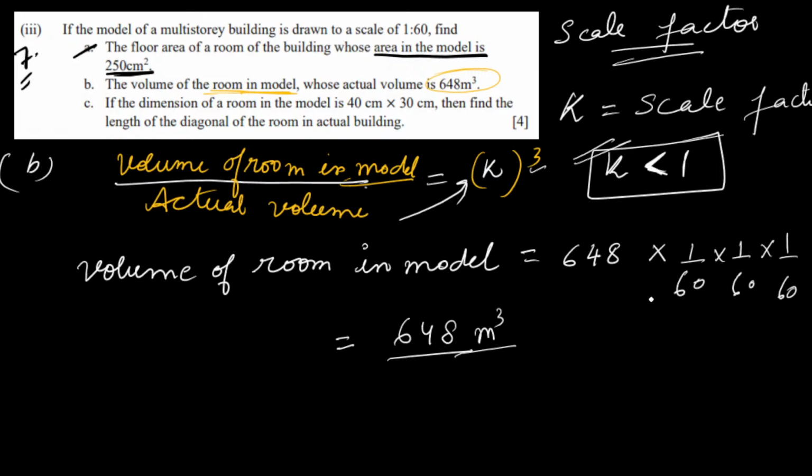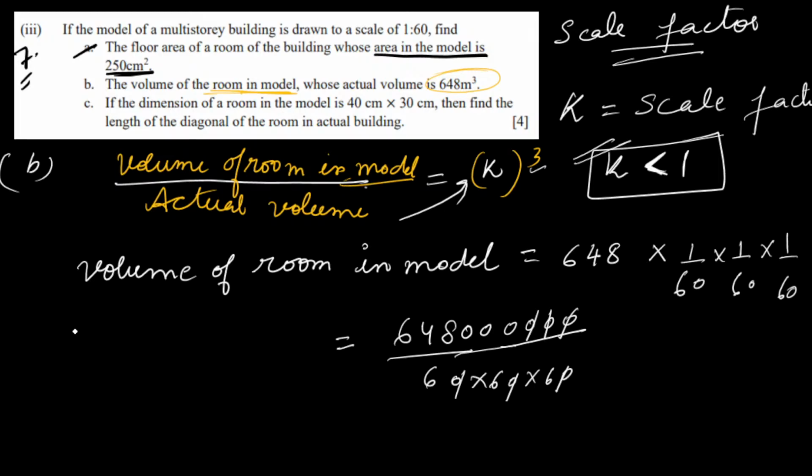So what is the multiplication for this one? Meter cube, if you want, you can convert into centimeter, but still it will be very big. When we convert into centimeter, 6 zeros will come with this one, but 3 zeros will get cancelled.